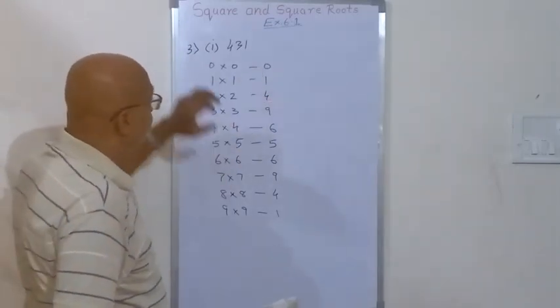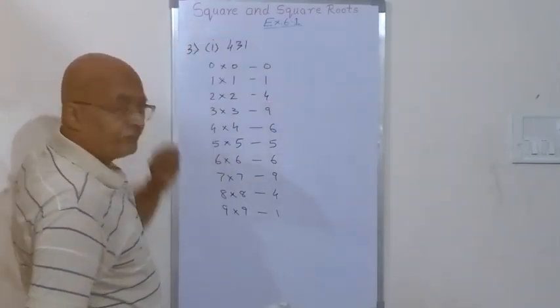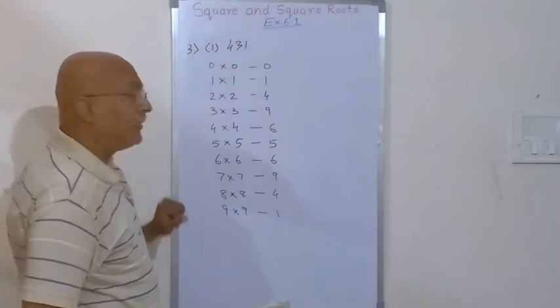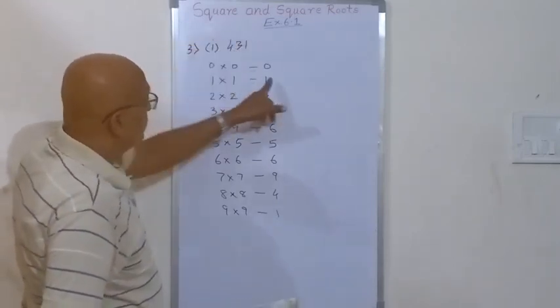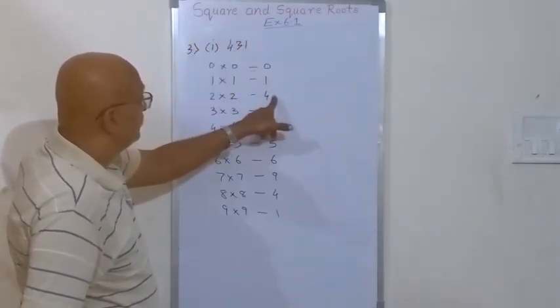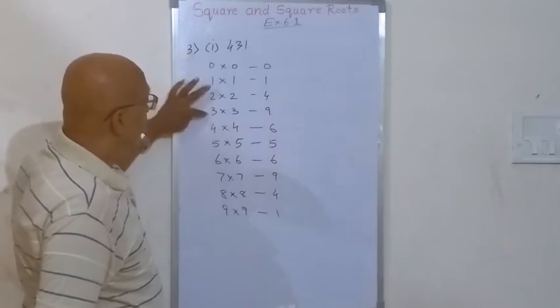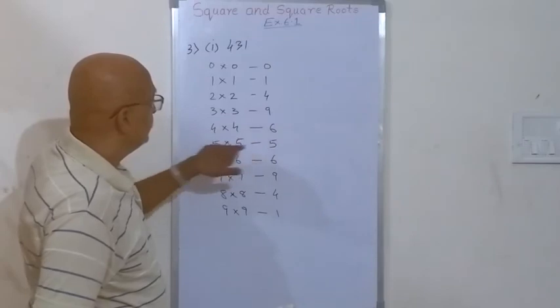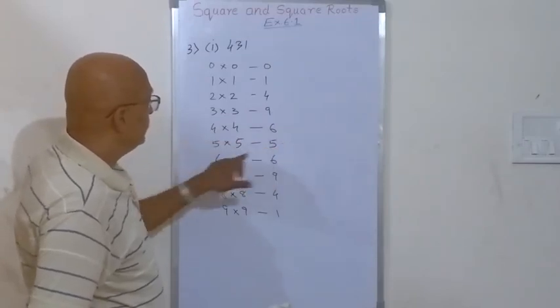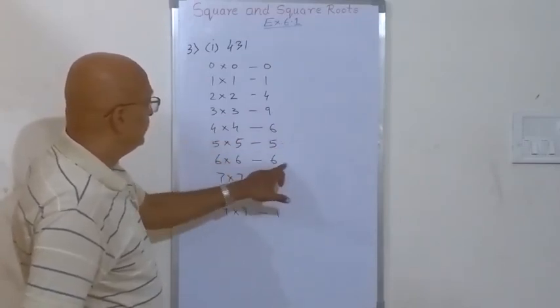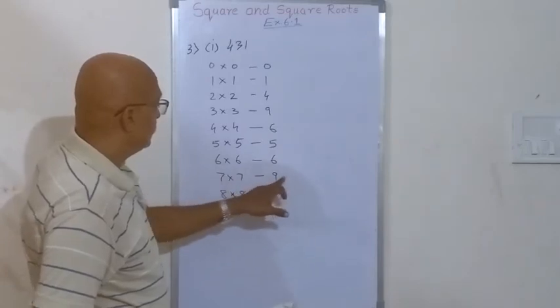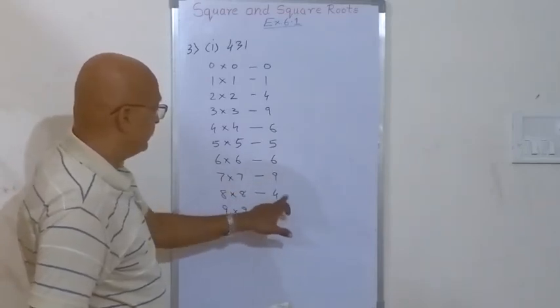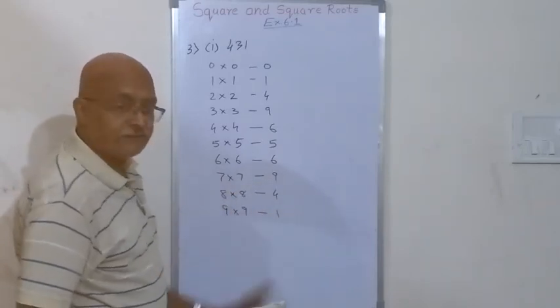Now see here, leave 0 because it is neither even nor odd. Here this is odd, this is even. This is odd, this is also odd. This is even, this is also even. Odd, odd, even, even, odd, odd, even, even, odd, odd.